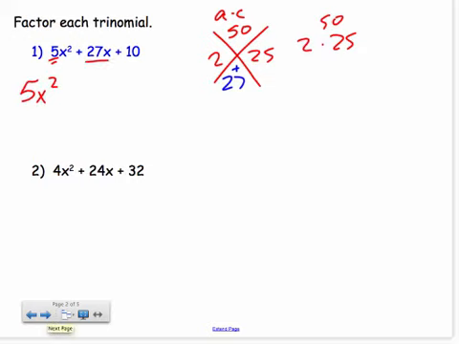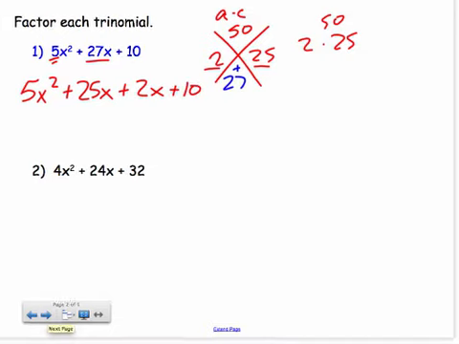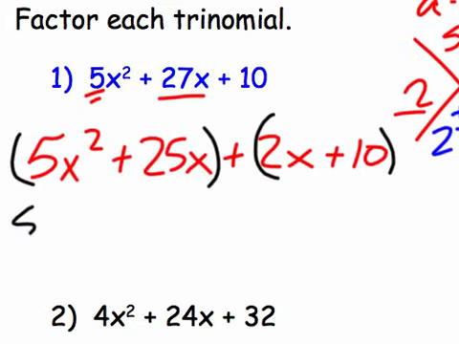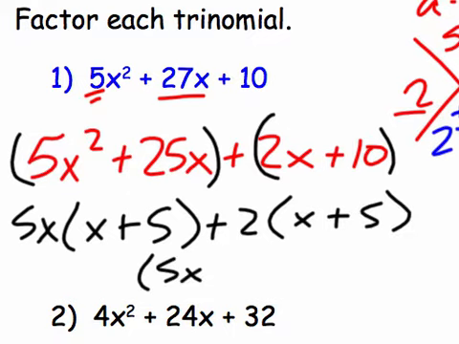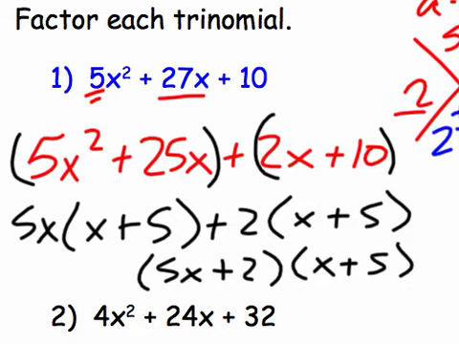We split that bx, that 27x, into our two factors we came up with, a 2x and a 25x. It doesn't matter where you put which one. I like the 25x first because then I can factor out that 5x, plus 2x plus 10. And just like we did before, we grouped and we factored out. I'll go through this quickly since we just did this, to get our final answer of 5x plus 2 times x plus 5.